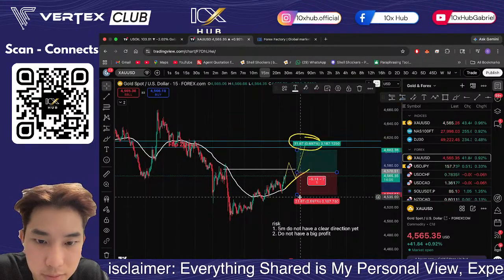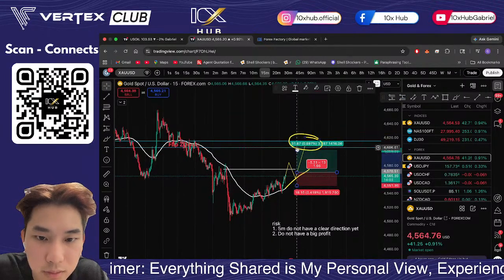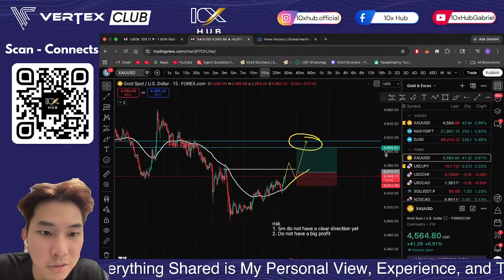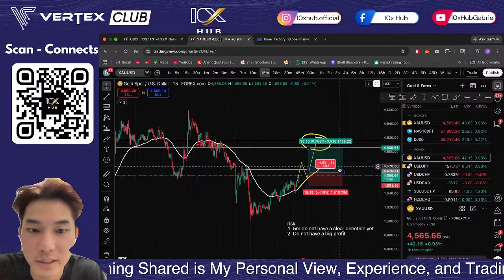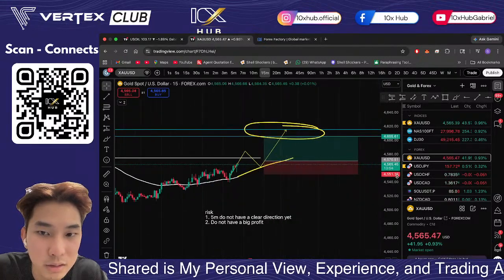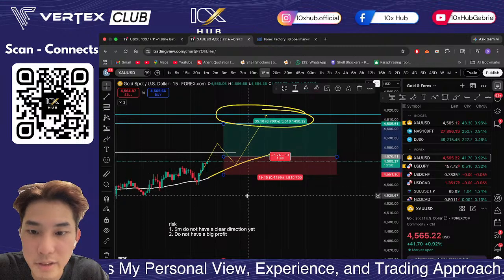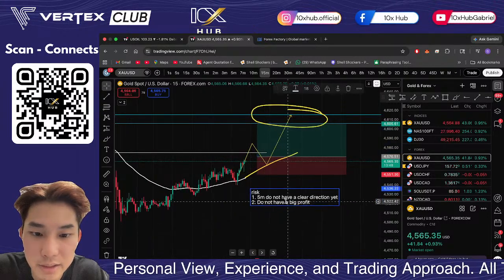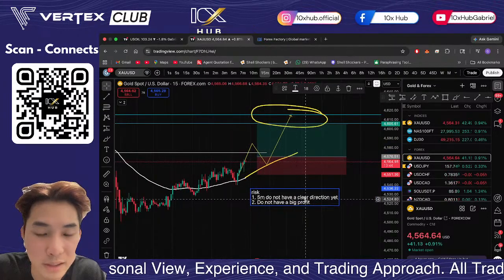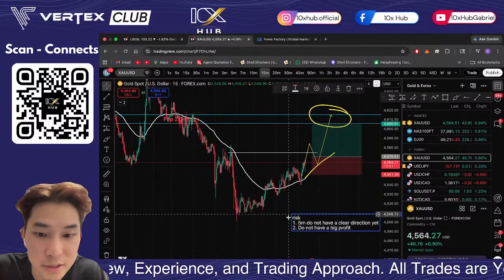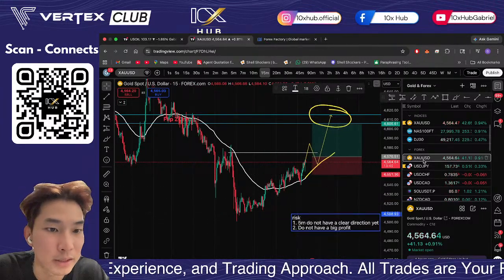This will be our TP level. Okay, so the only risk is in 5 minutes we do not have a clear direction yet. That's all. So this is just the risk for the 5 minutes.